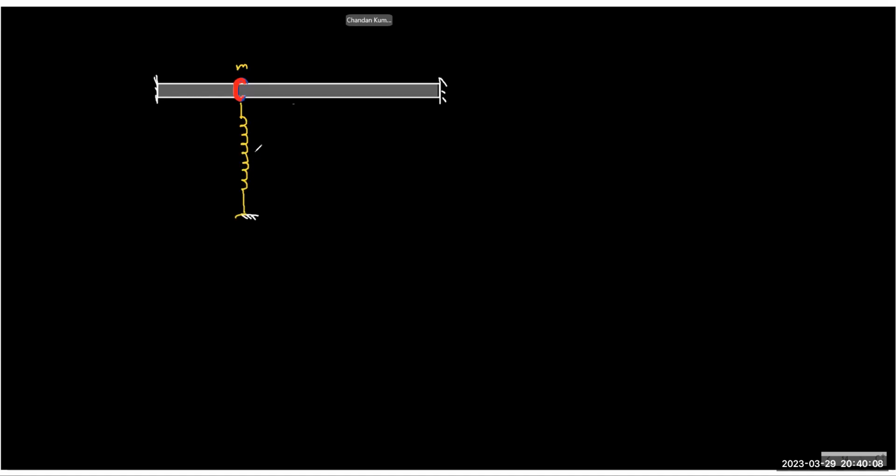And our spring in the very beginning is at natural length, L0. Natural. And it is perpendicular. So in short, this is the situation.